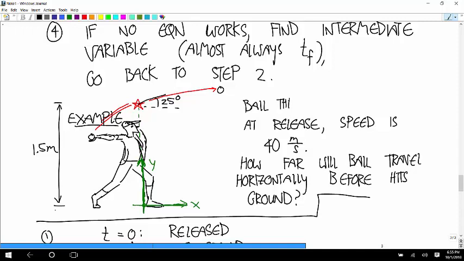So the ball's thrown from a height of 1.5 meters. And the angle is 25 degrees above horizontal.